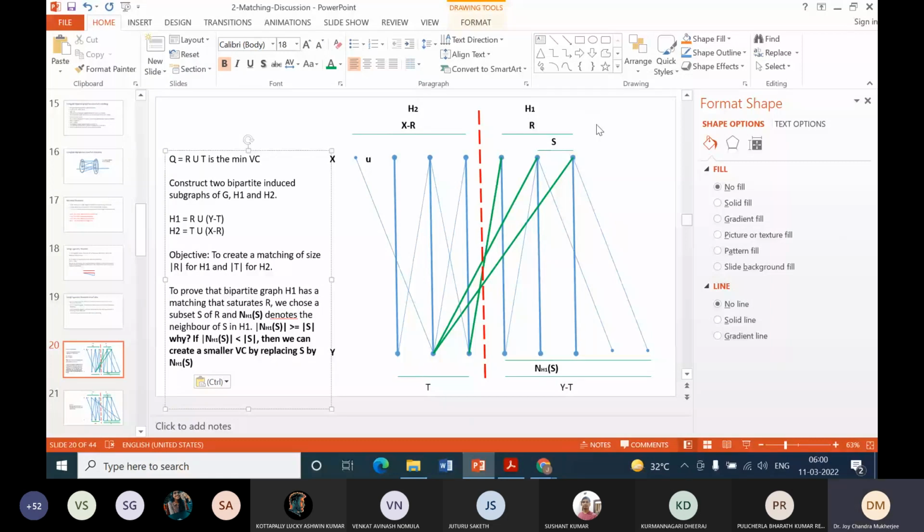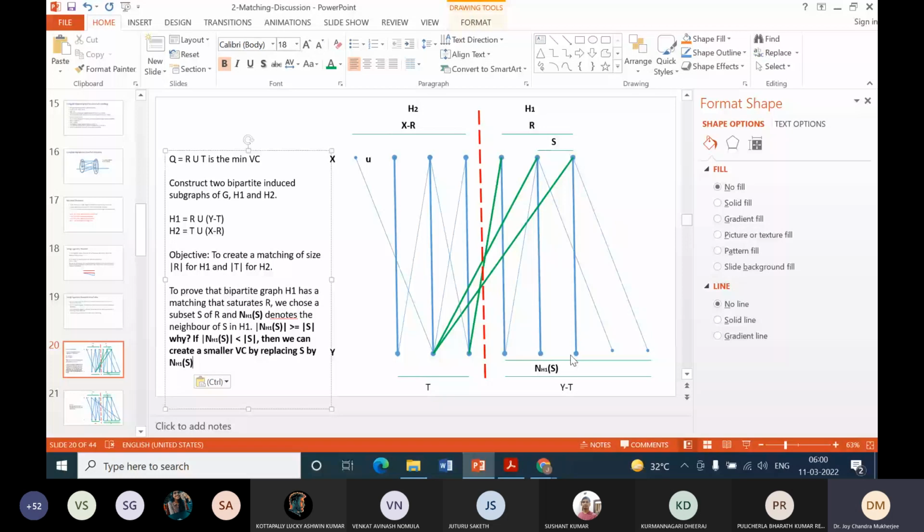Another observation: can there be any edge from X minus R to Y minus T? The answer is no. Why?